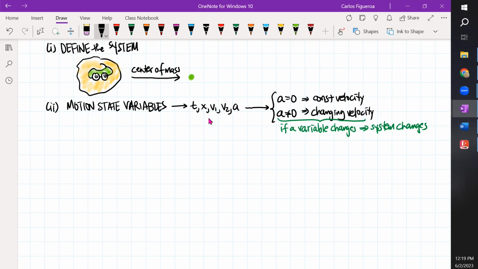And then finally, we have our state equations. If I look at my state equations, they govern how state variables are connected.